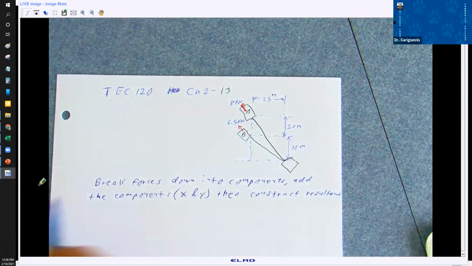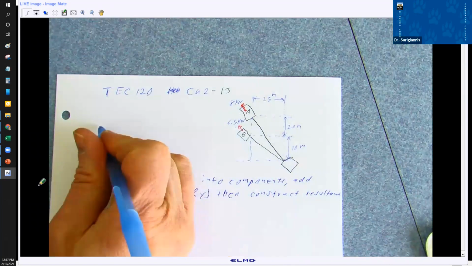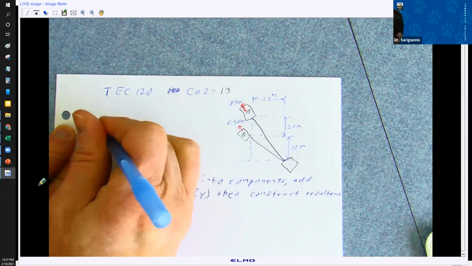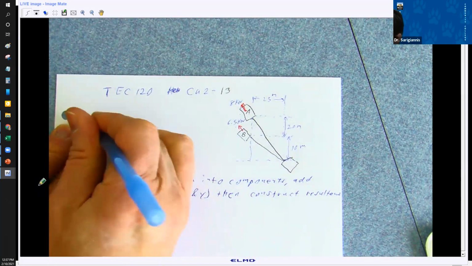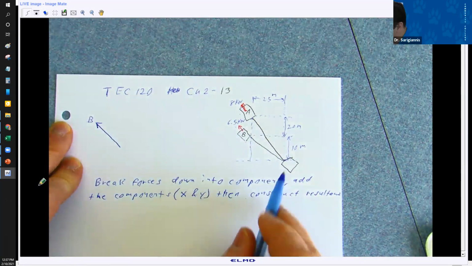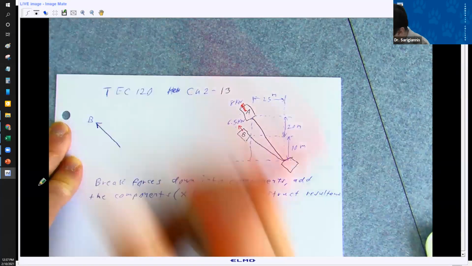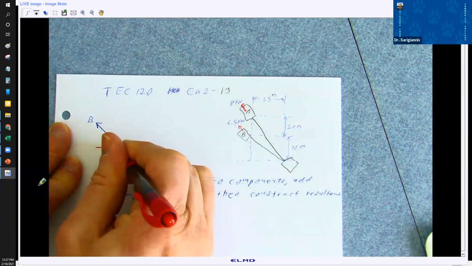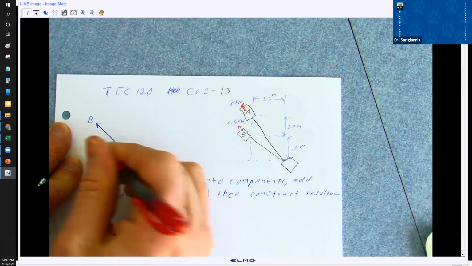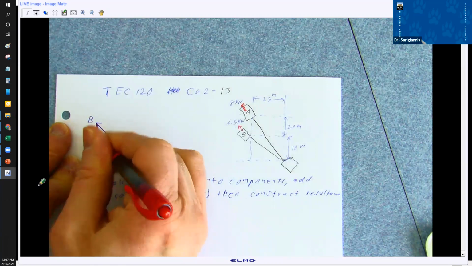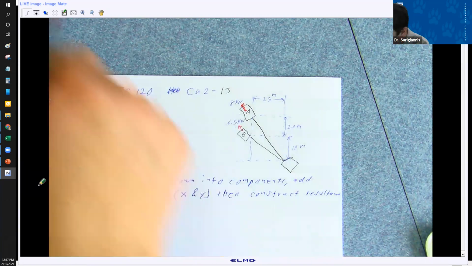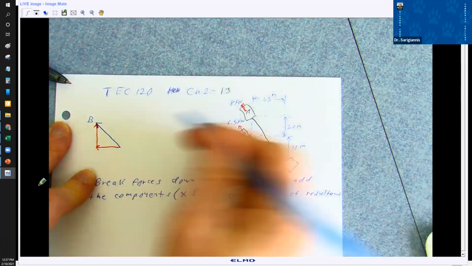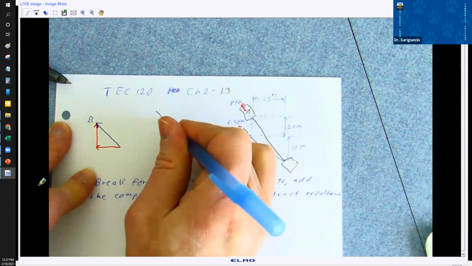What I want to do here is first draw out these triangles or these forces for you. I've got force B here, and force B consists of an X component and a Y component. And I'll also draw force A here.